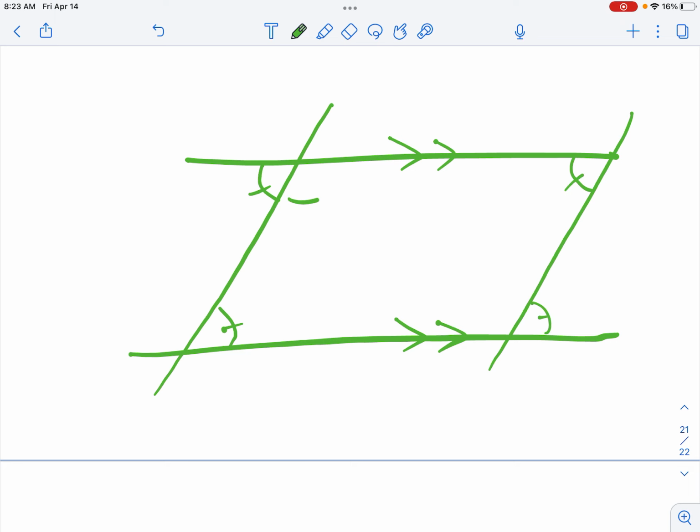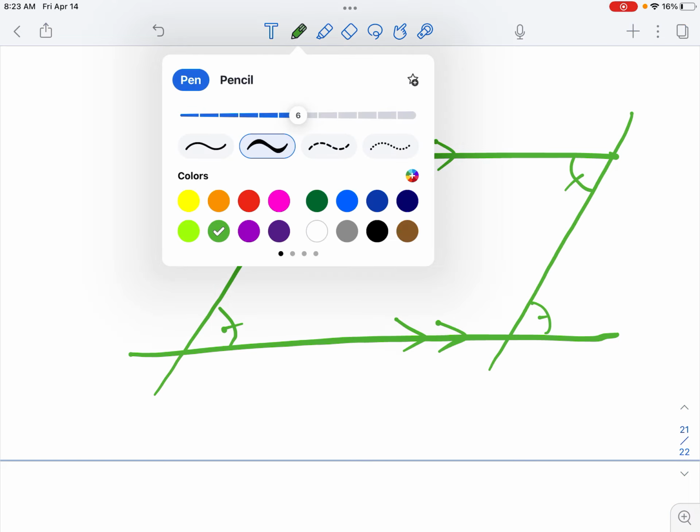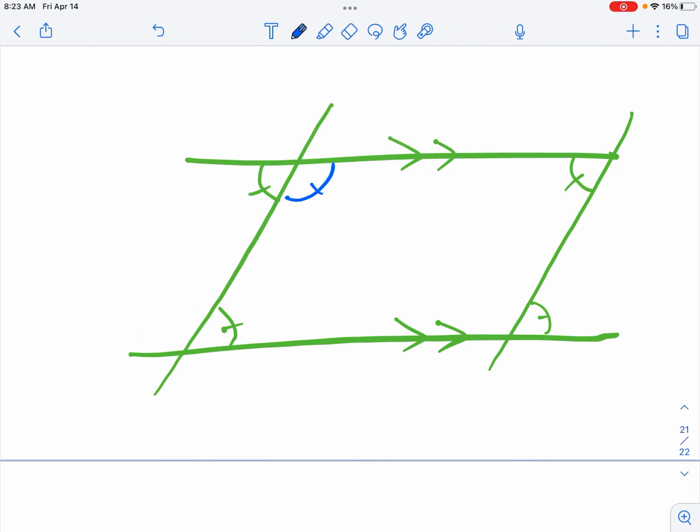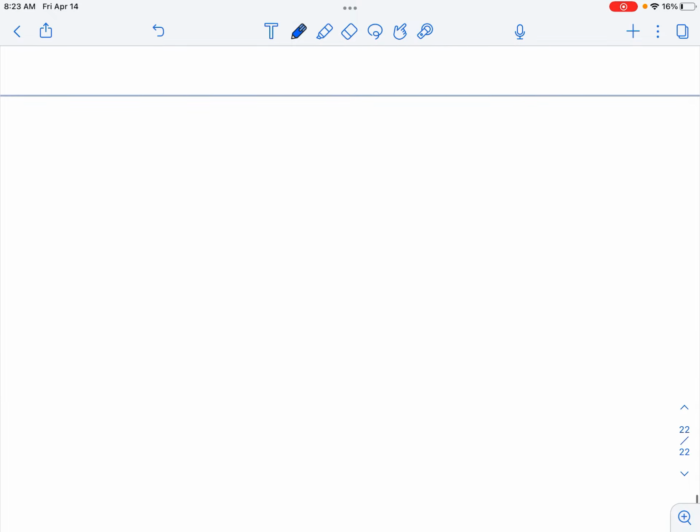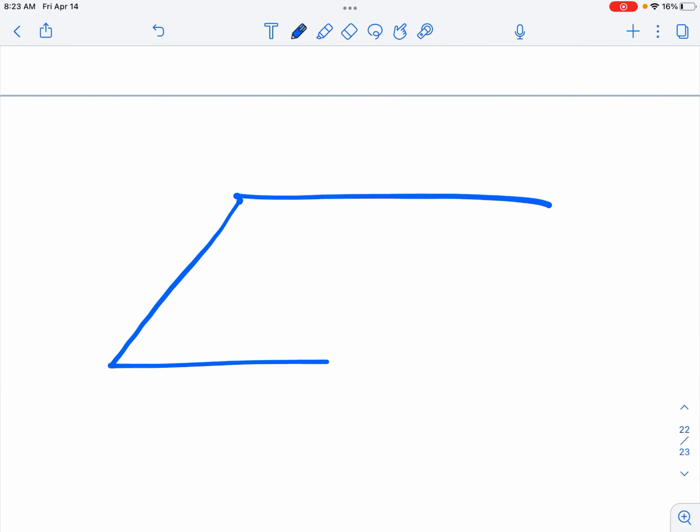And now this angle, let me change colors here to really highlight this. This angle and this angle are going to be the same. So let's just draw that with a parallelogram.